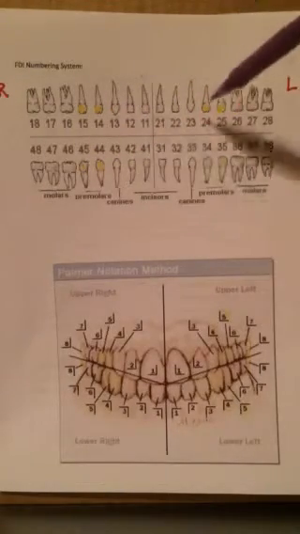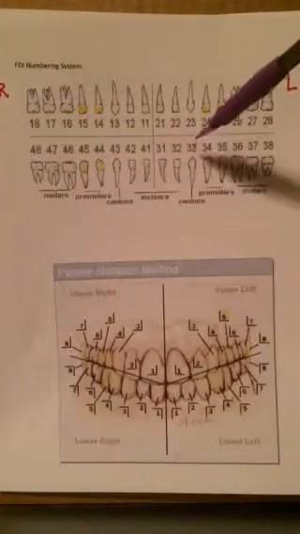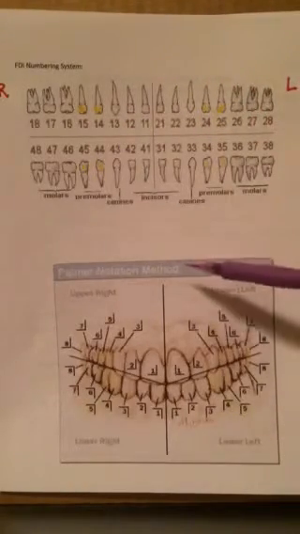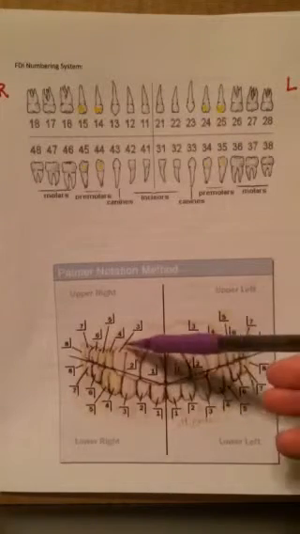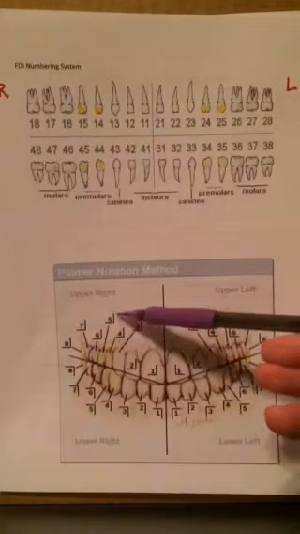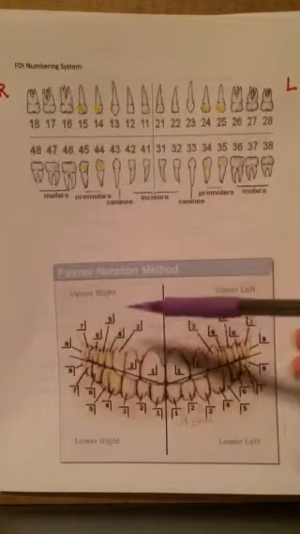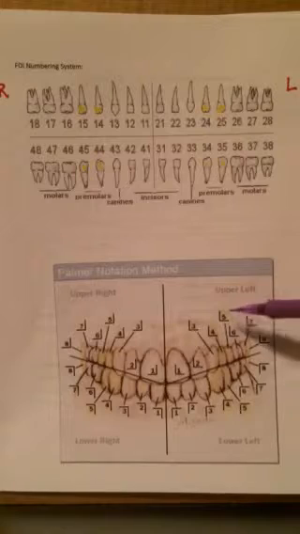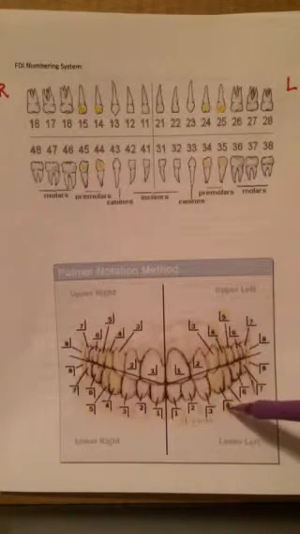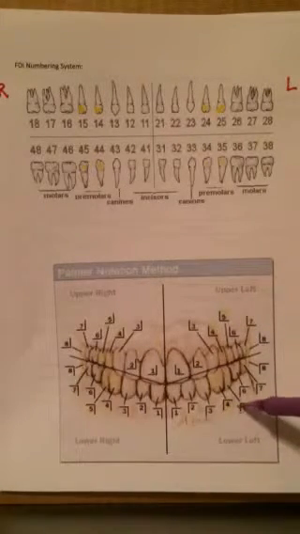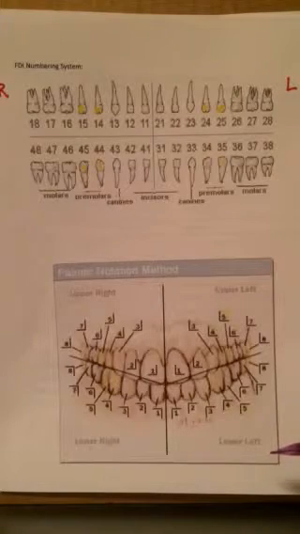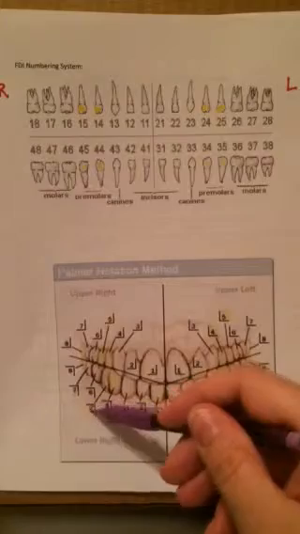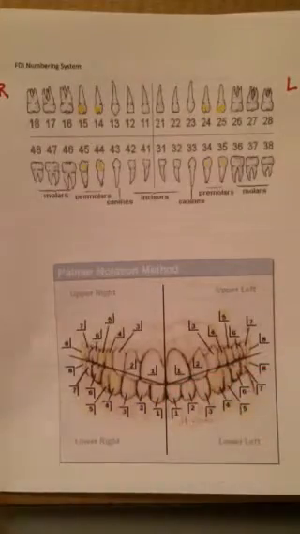First quadrant, second quadrant, third quadrant, fourth quadrant. The Palmer notation method is 4 and 5 for the upper right, 4 and 5 this way for the upper left, 4 and 5 this way for the lower left, and 4 and 5 this way for the lower right.